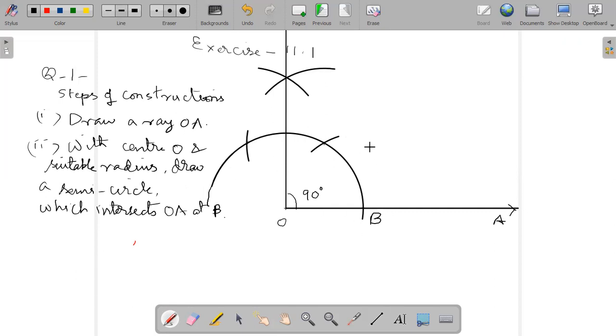That means BC, this is C, BC, CD, and here, if you want, you can extend this point, and this point can be taken as E.